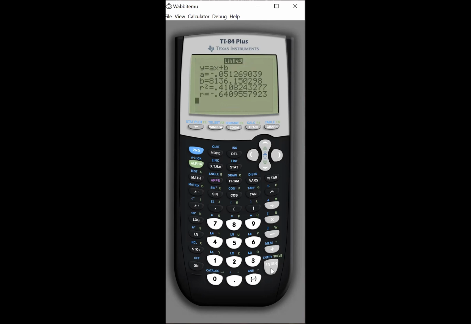So you get y hat is equal to a, which is negative 0.05, x plus b, where b is 8136.15. So that's the least square regression line. Any question on how we got the least square regression line of negative 0.05x plus 8,136.15? All right, so let's move on.